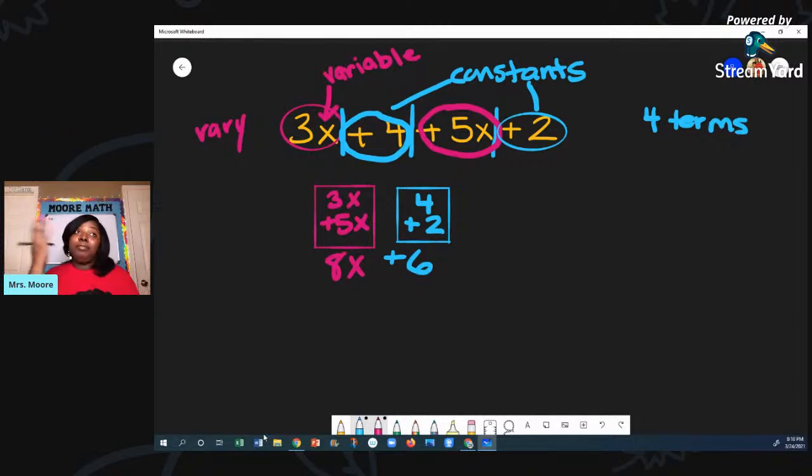One day x could represent the number 45. Another day x could be 100. X changes depending on their mood, depending on the day. Okay, so the variable, it's called a variable because it varies, it changes. It's called a constant because it stays the same. So you want to put your variable with your variable and your constant with your constant.